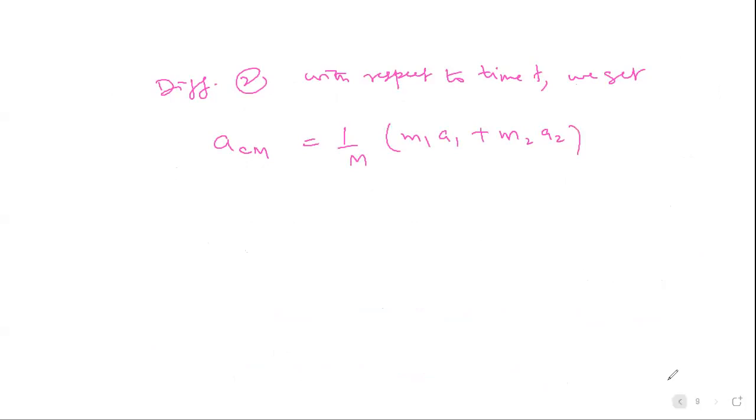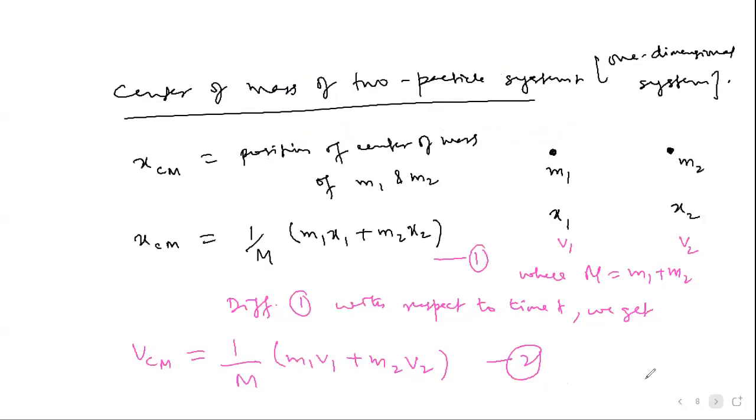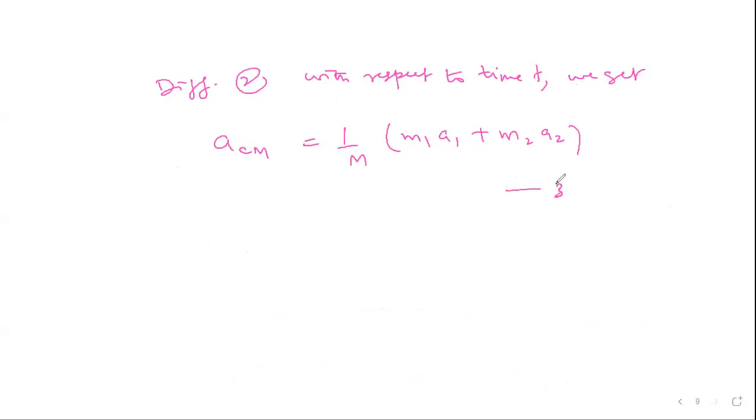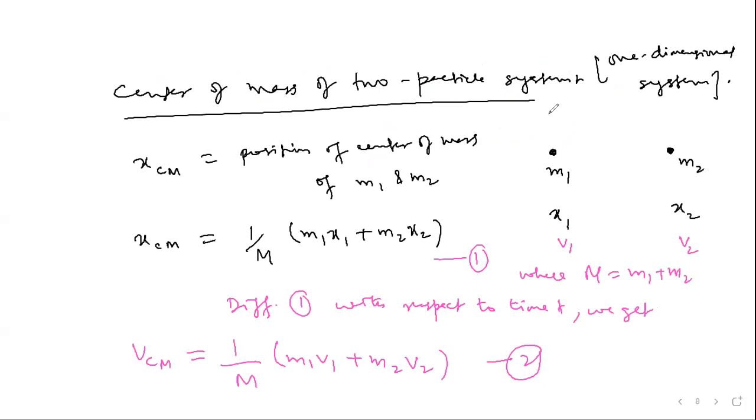So let this be my third, where a1 is acceleration of particle 1, a2 is acceleration of particle 2.